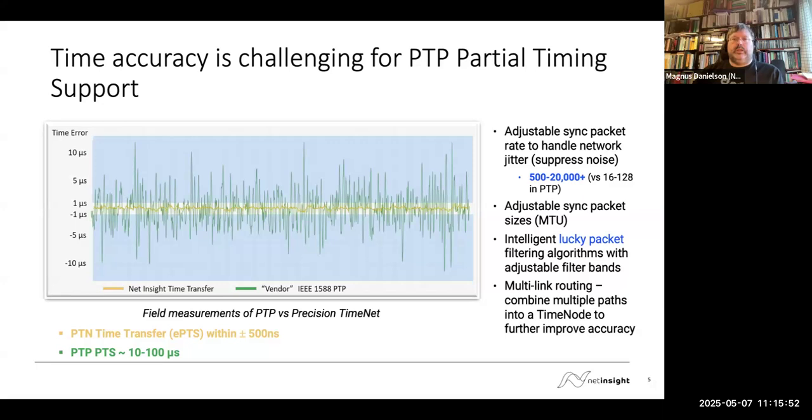Another thing we do is we actually adjust the packet MTU size. And from a P2P perspective, this is not something you would like to do, because when you're in your full timing support world, there's no benefit. Why add additional data? However, when you're running through a network that is not having full timing support or no timing support, that's just the packets coming through.